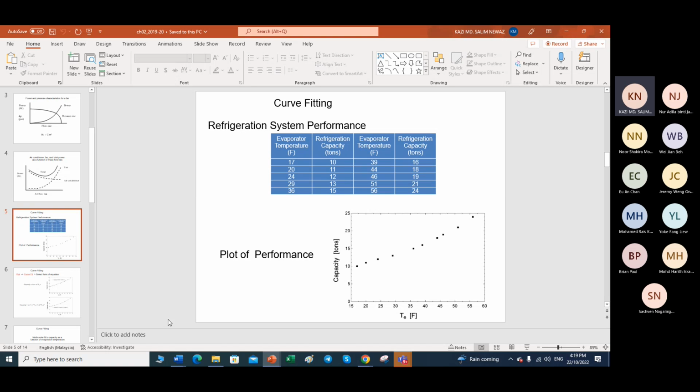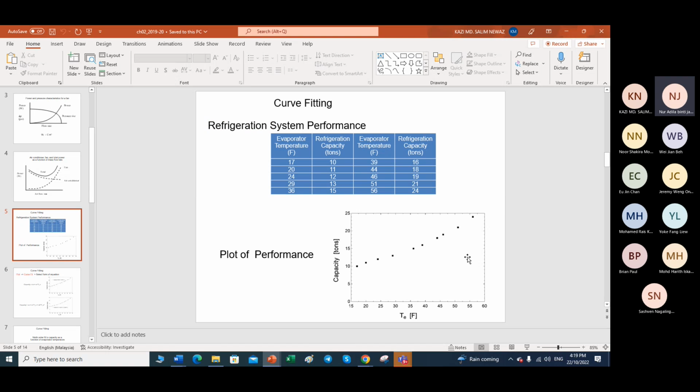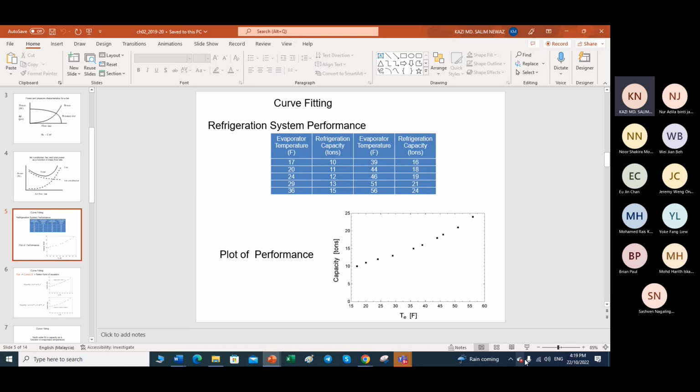Cannot see the cursor. It's sometimes not moving. Maybe you can use a pen to circle so that we can see better. Oh, okay. Thank you. So in that case, this is actually PowerPoint, so we have to go for this one.